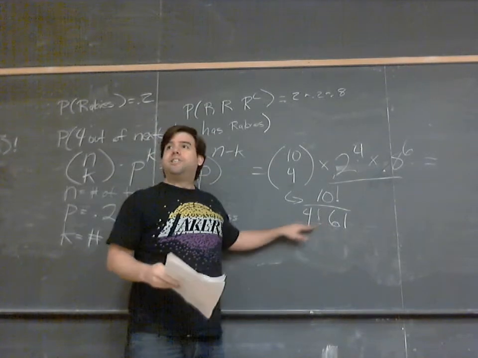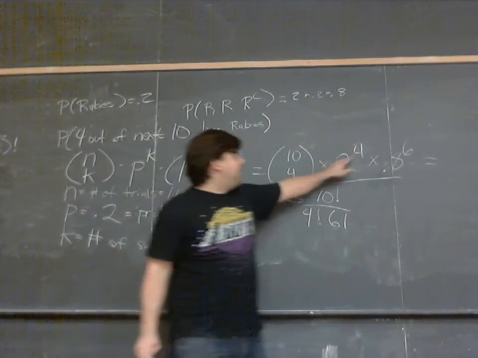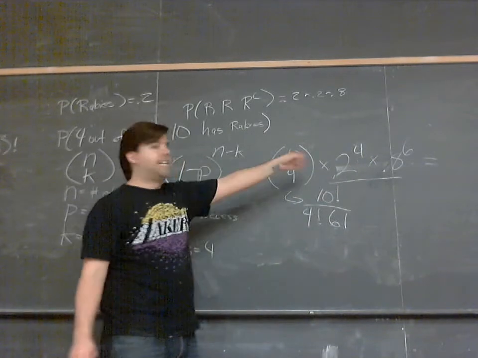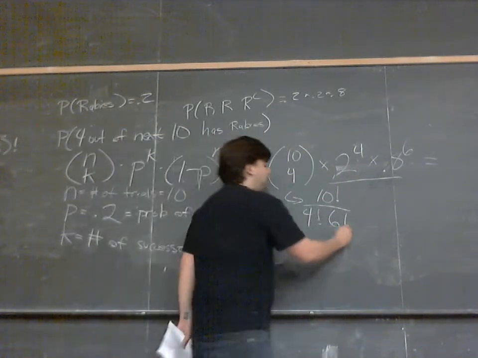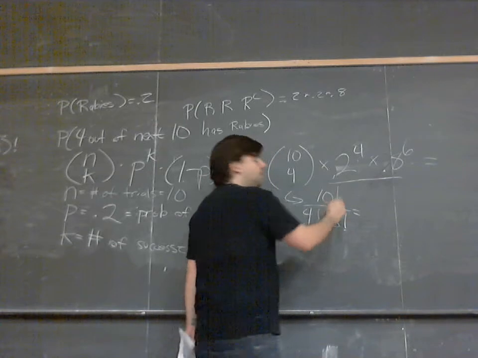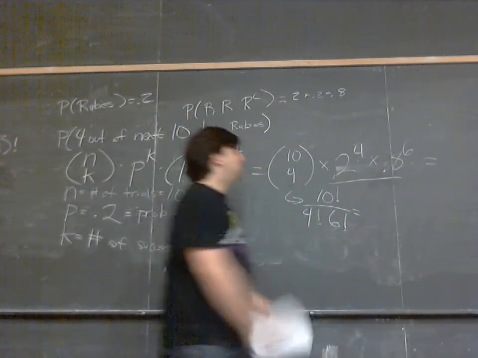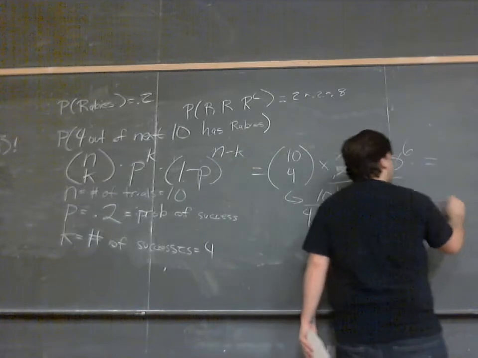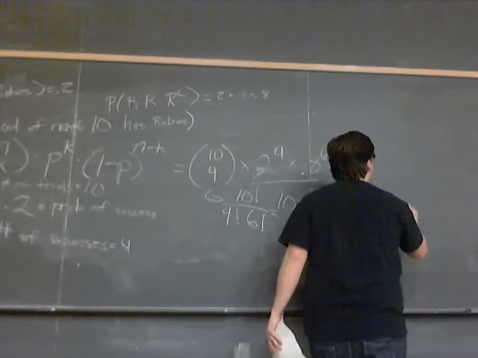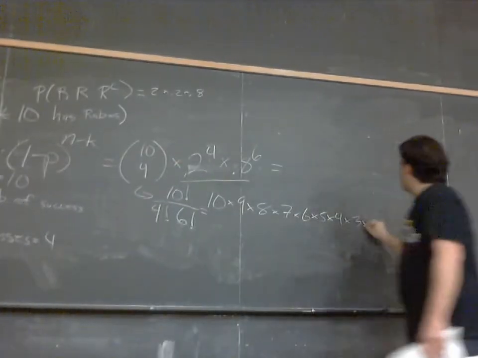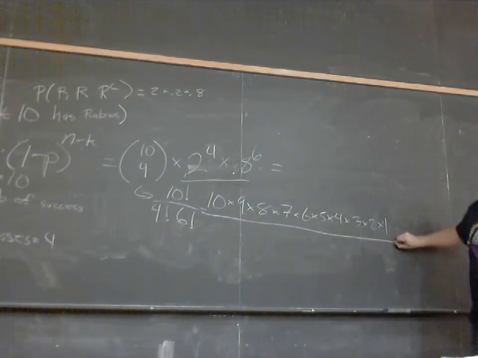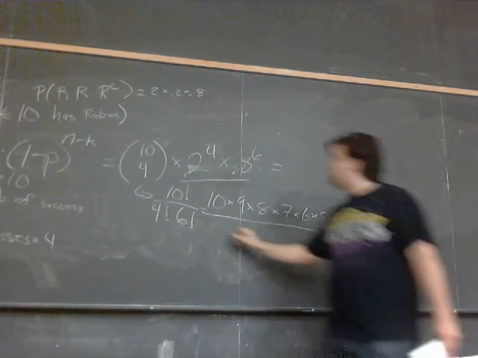The things in your denominator are always going to be the same as the two powers in your binomial, n minus k and k. 10 factorial is 10 times 9 times 8 times 7, all the way down to times 1. Four factorial is 4 times 3 times 2 times 1.